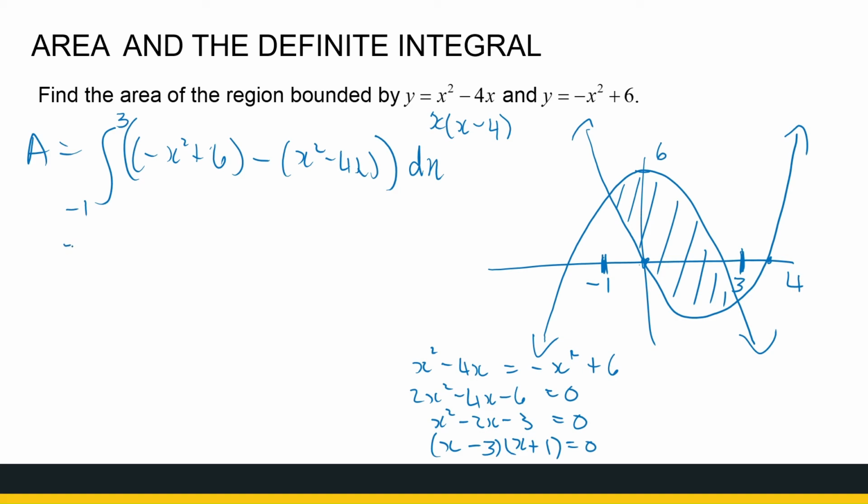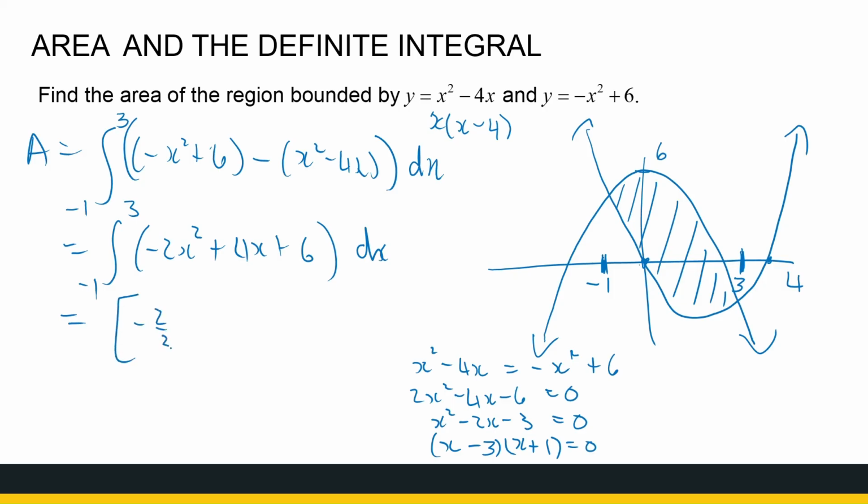Now, before I can start integrating, let's just tidy up what's going on inside there. That's minus x squared, so I've got minus 2x squared plus 4x plus 6 dx. That's what we've got. Now we can find the antiderivative.